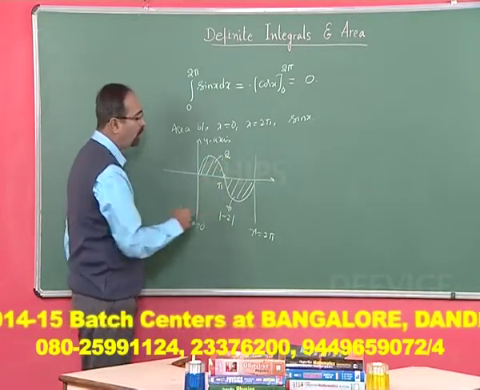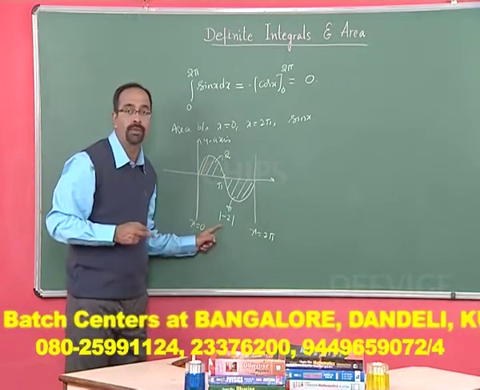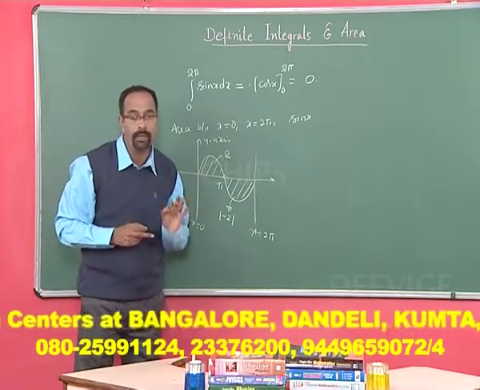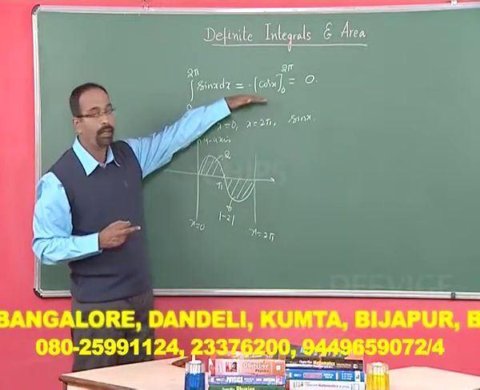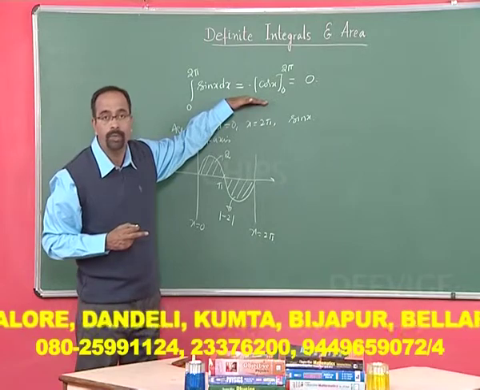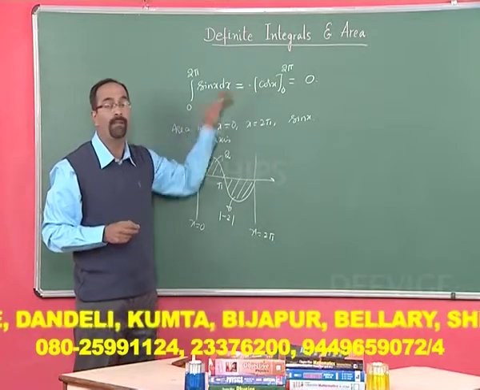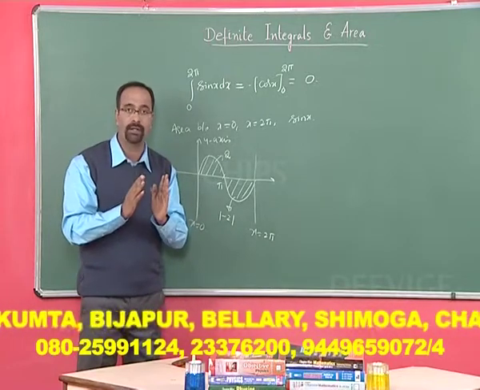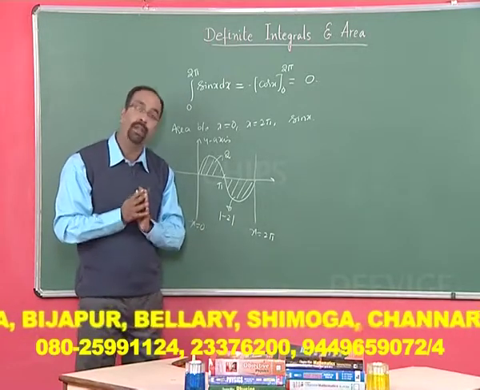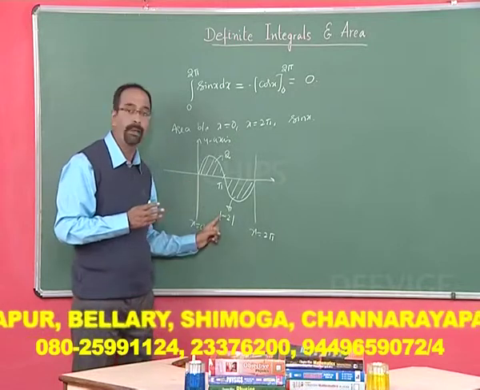This 2 plus this 2 gives you 4. Now, you must understand the difference between the area enclosed and the definite integral. For a definite integral, we don't consider the negative part or positive part, we simply integrate. But when it comes to area, whenever you are crossing 0, split the function, take the absolute value of both and then evaluate. This is a very good example for this.